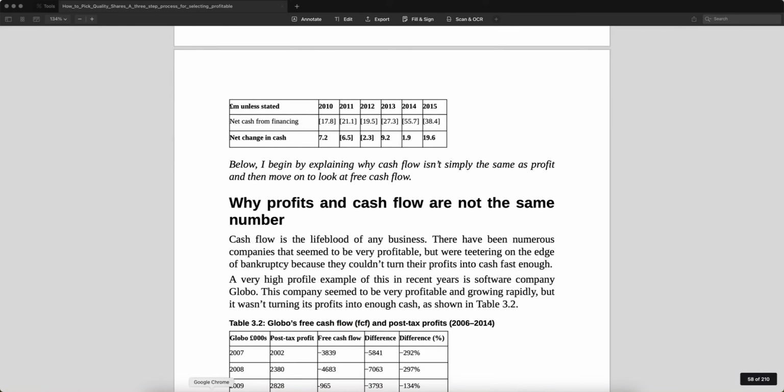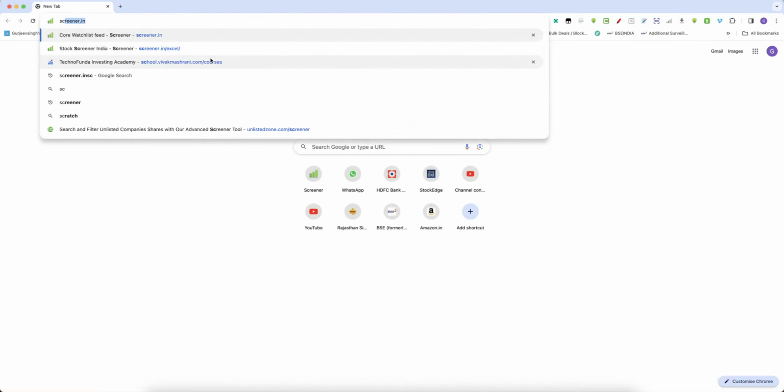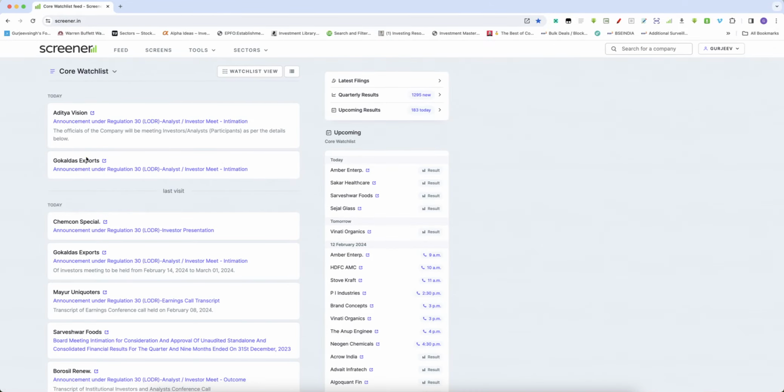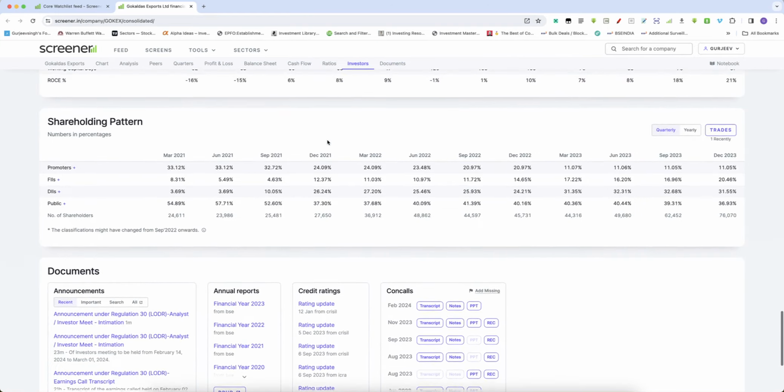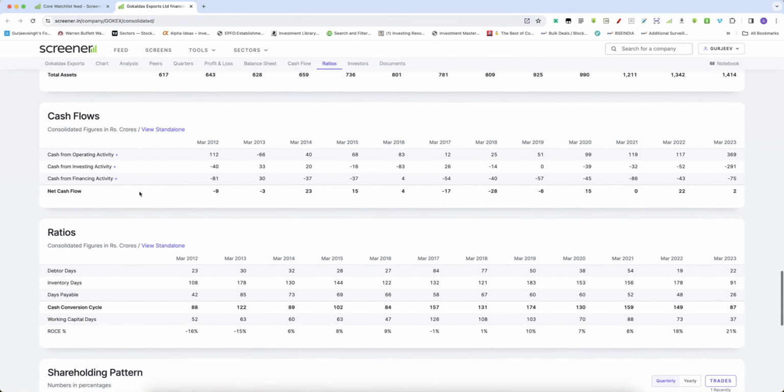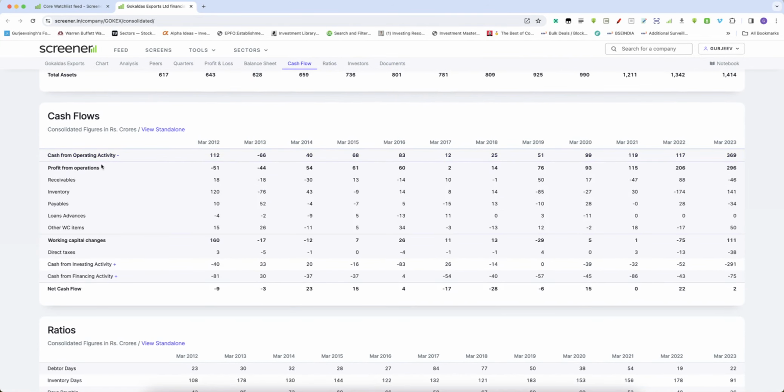So let's see what a cash flow structure looks like in our screener. Let's open up any random company and this is what the cash flow is all about. Cash flow from operating activities: profit from operations, working capital changes, loans and advances, other working capital changes. So this is the net change in working capital, pay the taxes and you get cash flow from operations.